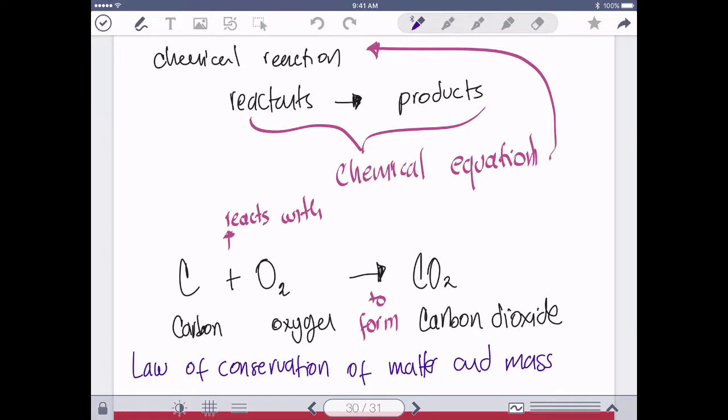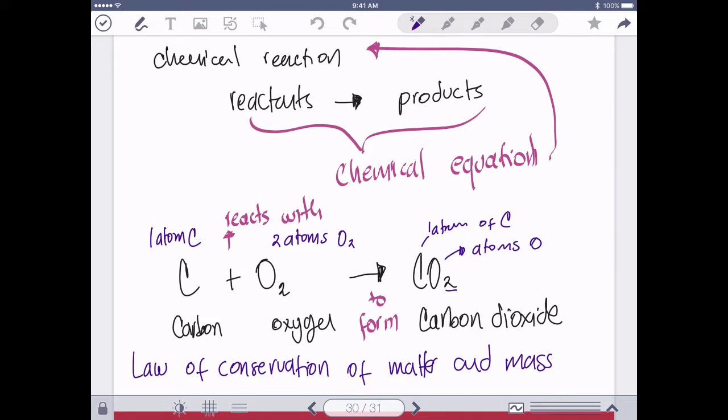So if we look at this chemical equation, we have one atom of carbon and two atoms of oxygen on the reactant side, and we have one atom of carbon and two atoms of oxygen.